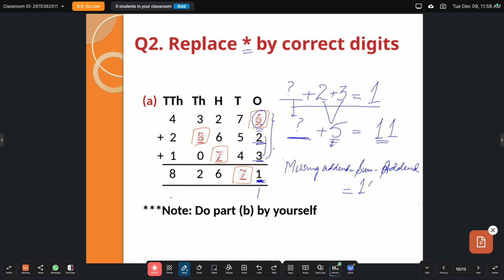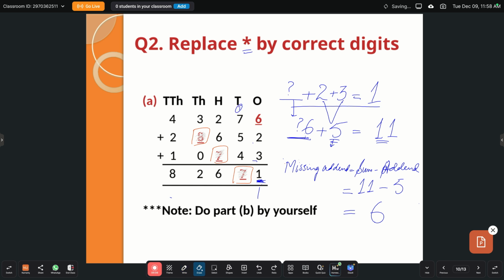Tell me beta, what is the sum here? It's 11. What is the given addend? It is 5. So 11 minus 5 is 6. It means that the missing addend here is 6. So we will write the missing addend here. Okay, beta, this is 6.